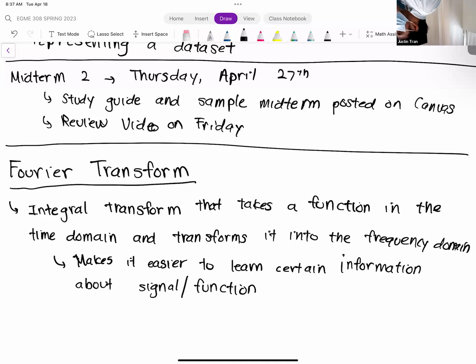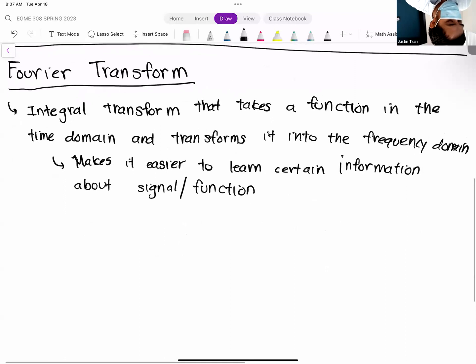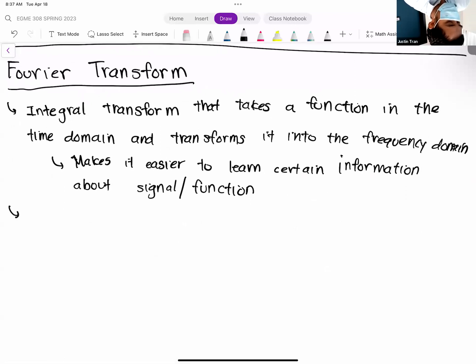But first, the first thing I want to go over today is a different form of the Fourier transform. So far, when we talk about the Fourier transform, it means that we're computing two different functions, the sine and cosine Fourier transform.